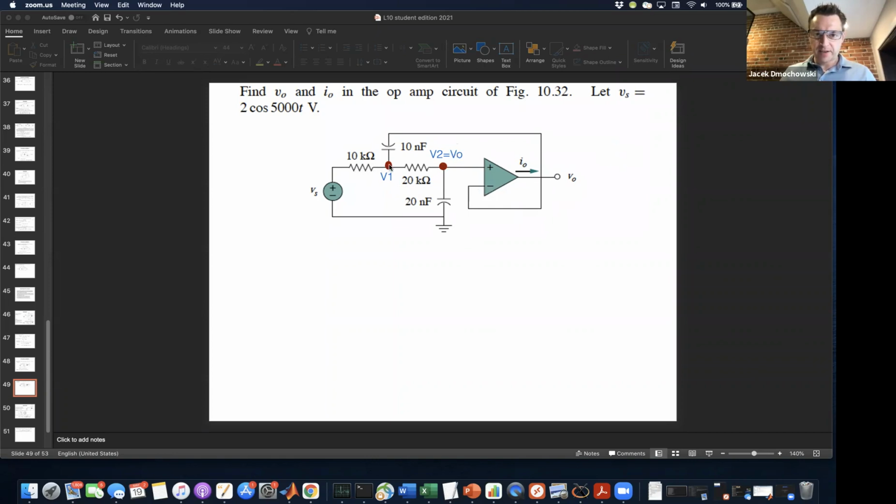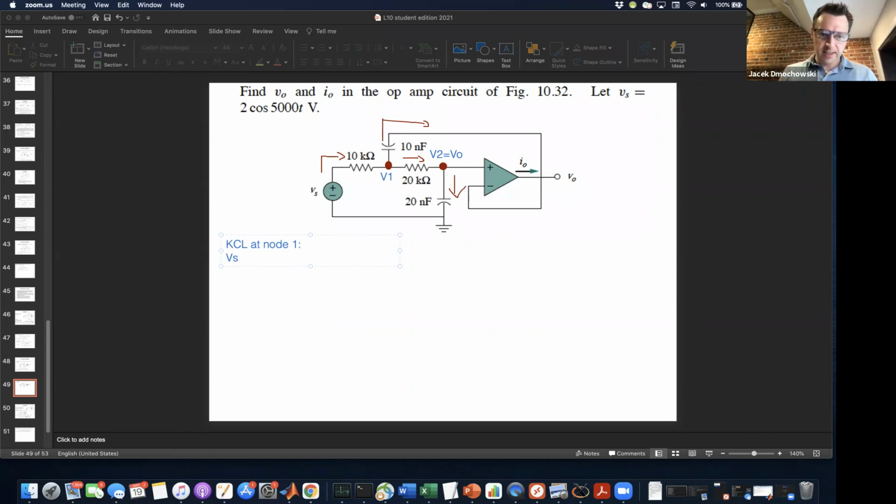So I'm just going to call this V naught. And I'm going to apply KCL here and here. And I will indicate the directions of my current arrows as such. First thing I'm going to do is KCL at node 1, and KCL holds equally for phasors that represent complex quantities.